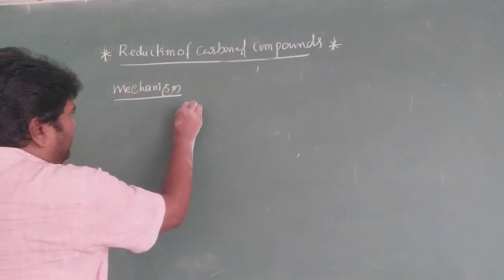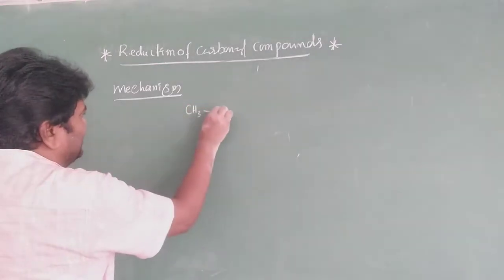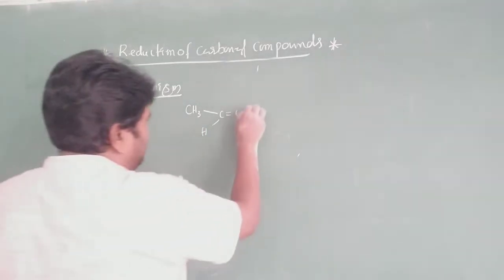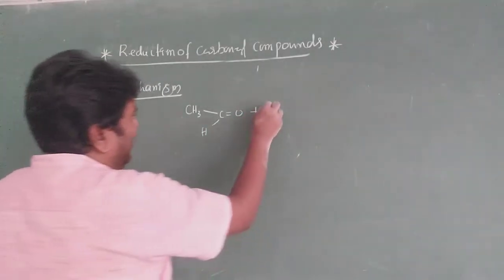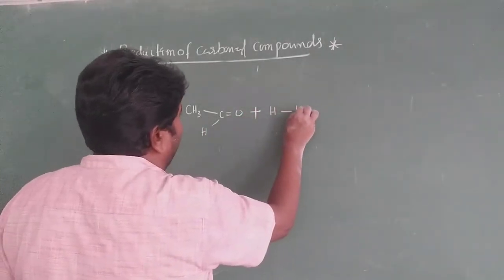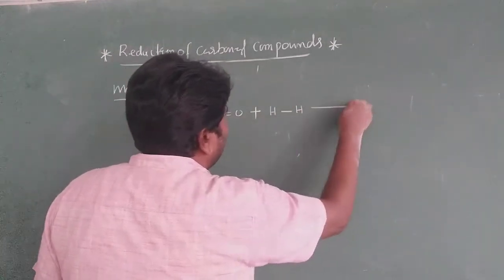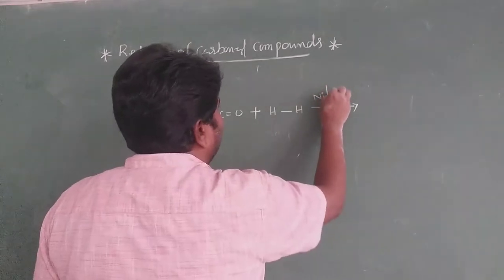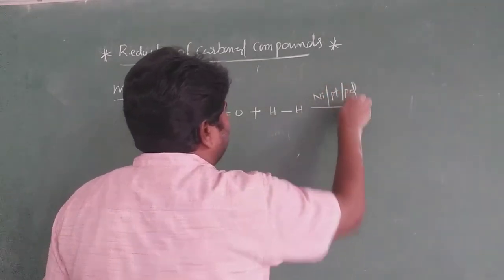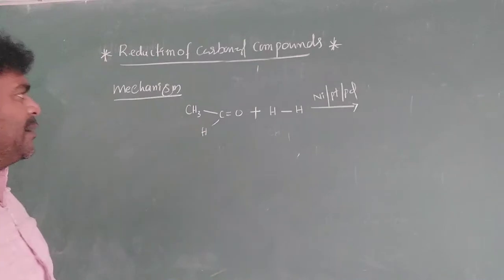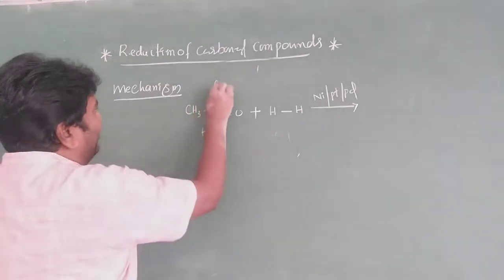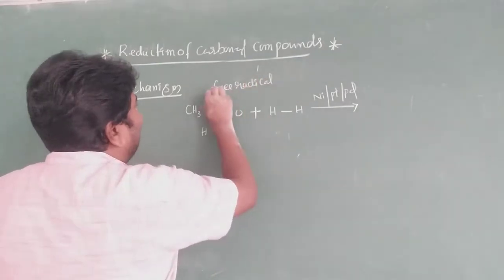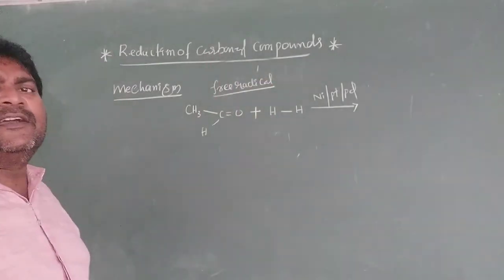First of all, CH3, C double bond O, H, plus hydrogen, single bond hydrogen, in presence of nickel or platinum or palladium catalyst. This is the example of free radical mechanism. Free radical mechanism means what happened here?